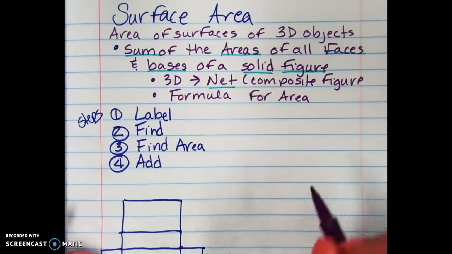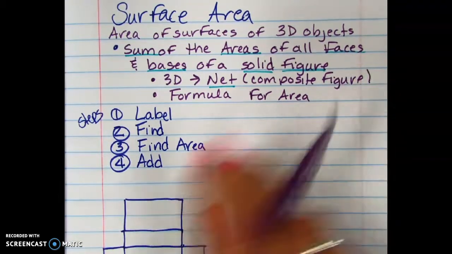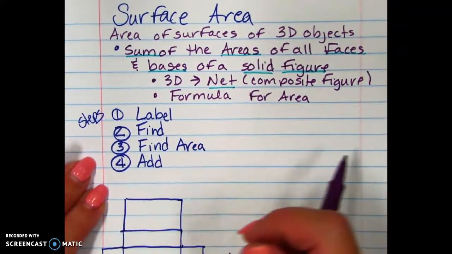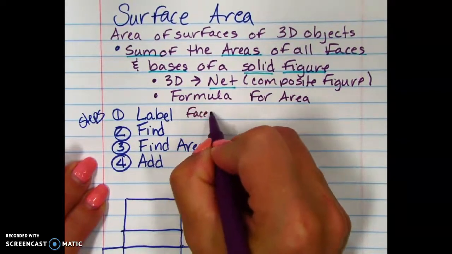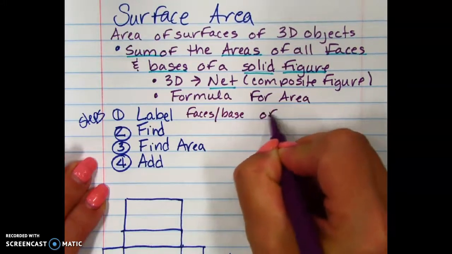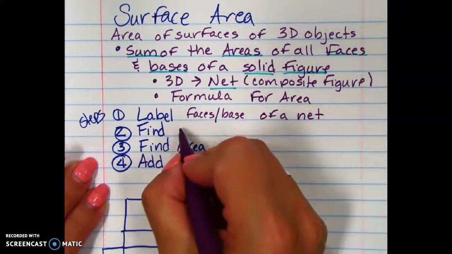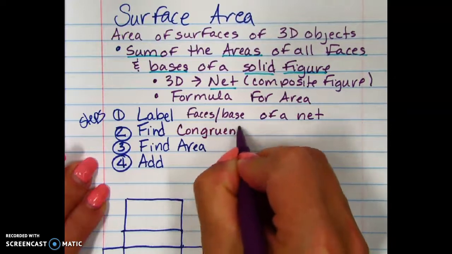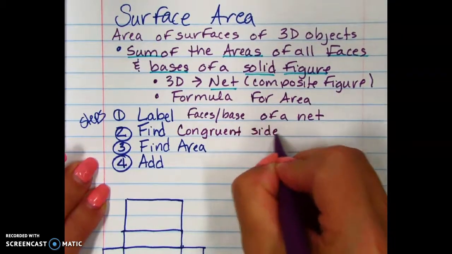Now there are some steps that we're going to do to help us to find the surface area of a specific shape. So first we're going to label the faces and bases of a net. Next, we're going to find the congruent sides. What is congruent?